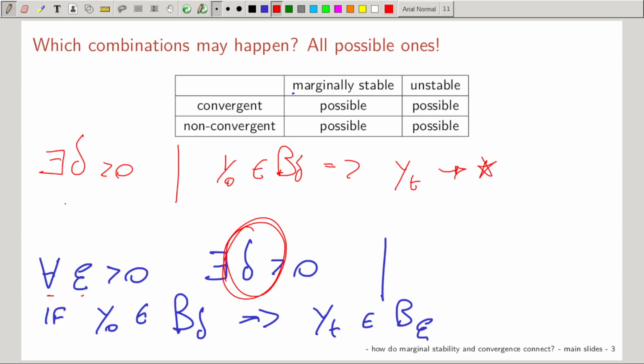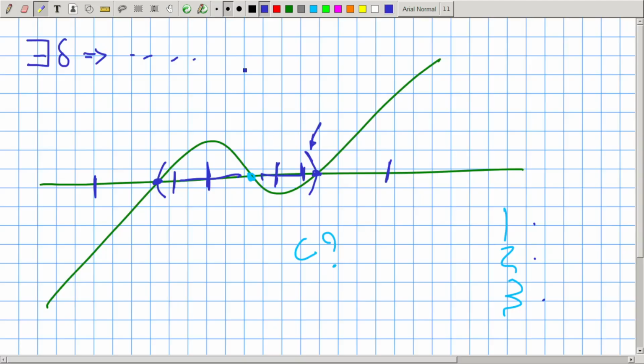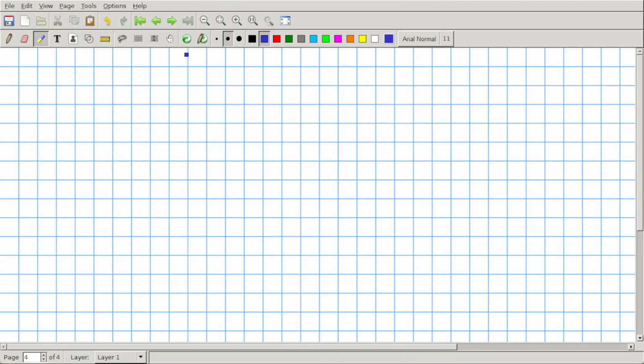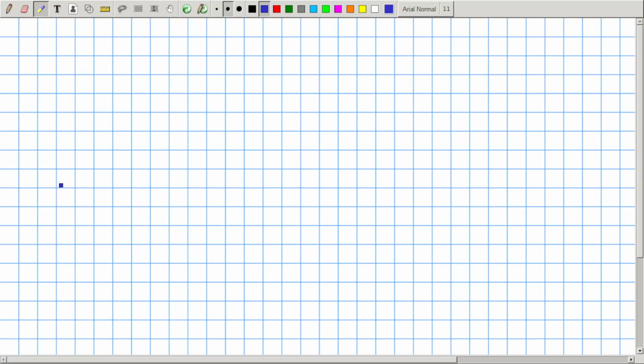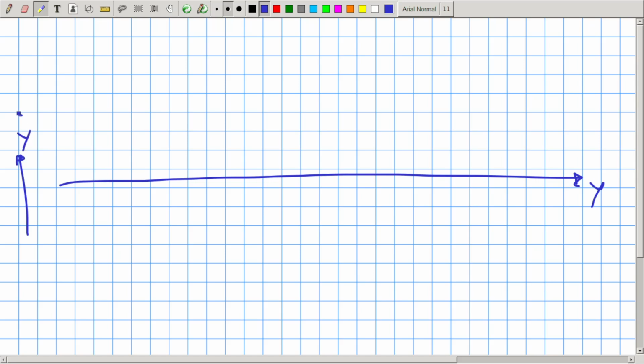It would be even better if at the exam you say this is delta convergence, and this is delta marginal stability. They are two different deltas. Let's make an example. Look at this example here. Y, of course, y dot, okay?